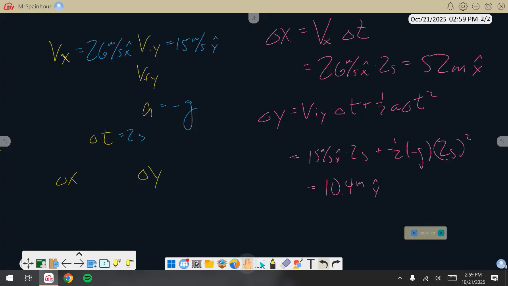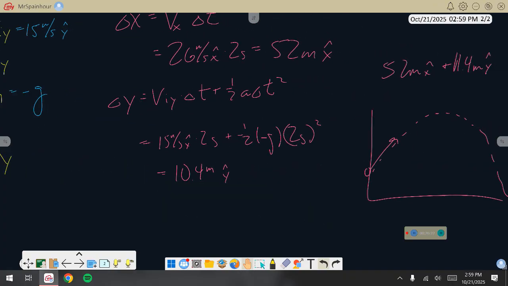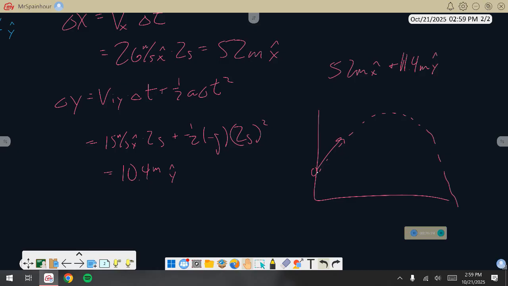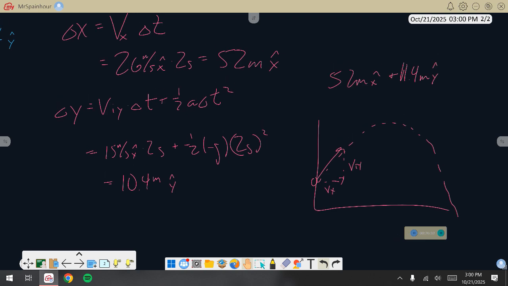So let me show you a visual in case any of you are stuck. And if you're not stuck, don't pay attention to me right now. This is how fast you started, Vx, and velocity initial in the y. And of course, the first thing we did is we split it into these components using trig. We've just learned that the ball is now probably somewhere like right here because it's past the top.